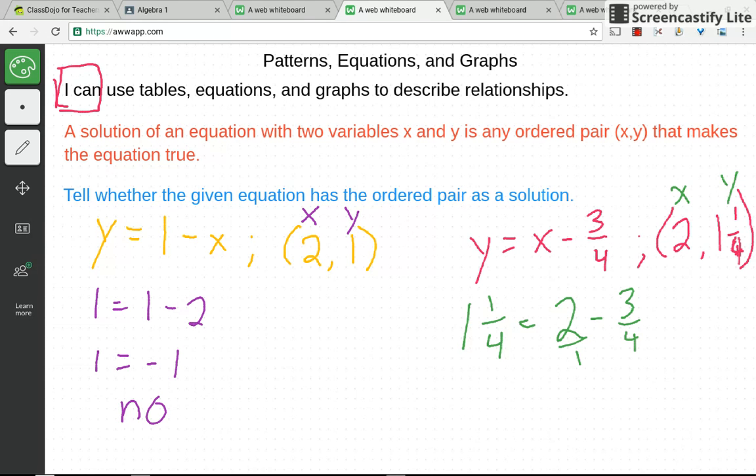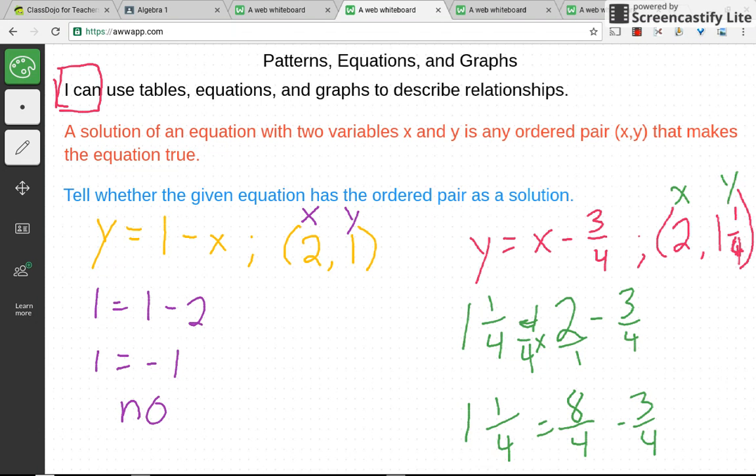If I got a common denominator for this, it would be fourths, which would put me multiplying this one right here times 4 over 4. So that would be 1 1/4 is equal to 8/4 minus 3/4.